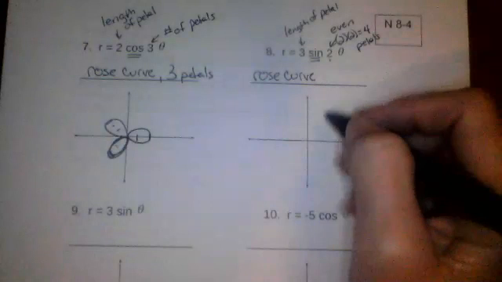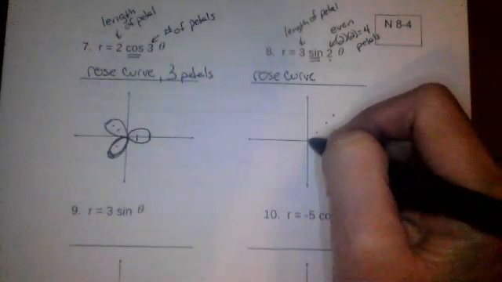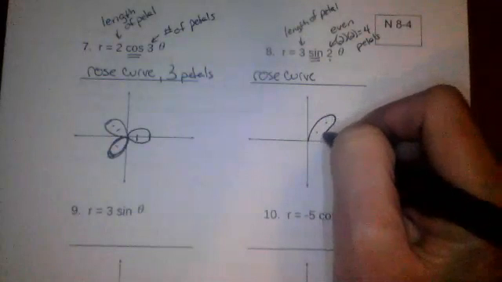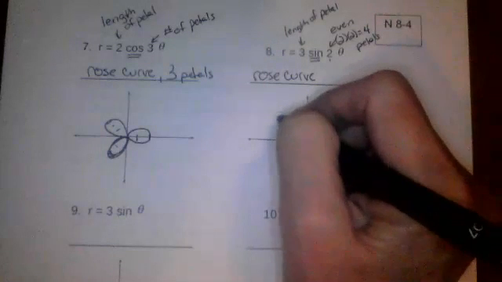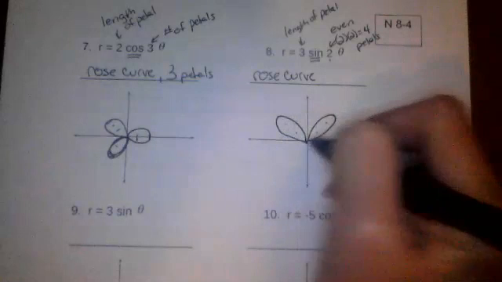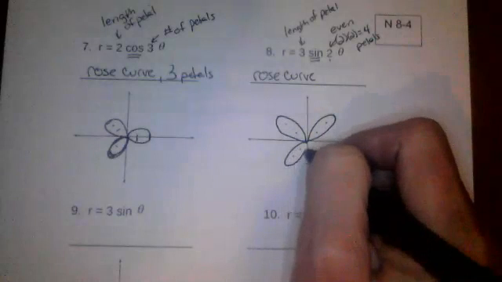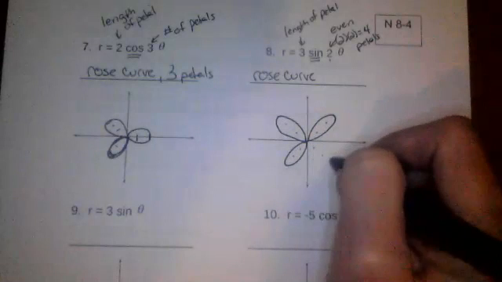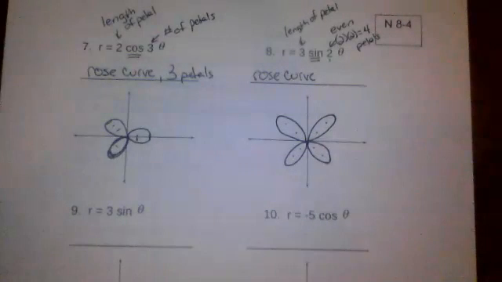So we're going out 3 units, 1, 2, 3 units on the diagonal. 1, 2, 3 units on the diagonal. 1, 2, 3 units. 1, 2, 3, and we're just kind of estimating here. But we know that we're going to end up with 4 petals. They're all supposed to be the same length, same shape, same size. Not the best artist here. So there we go.